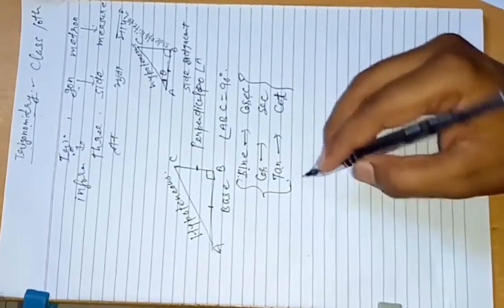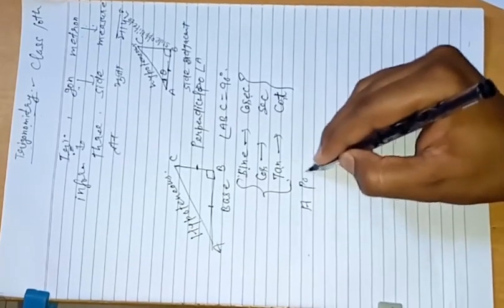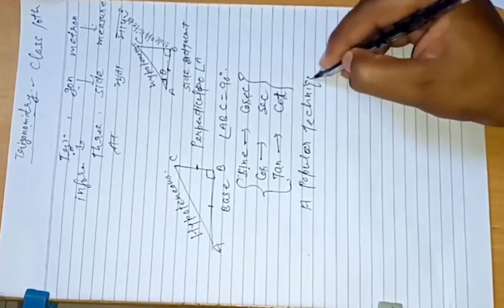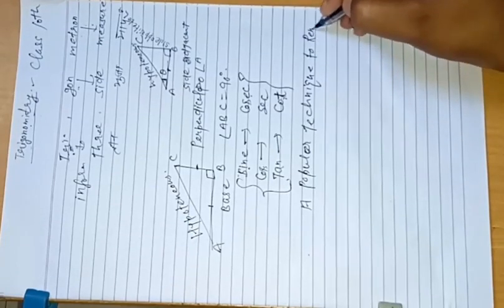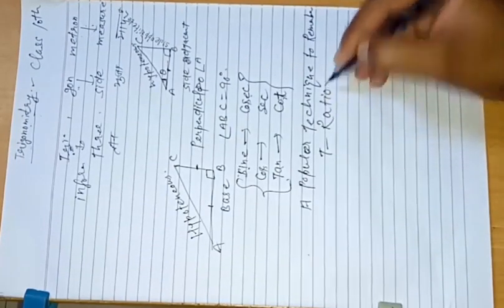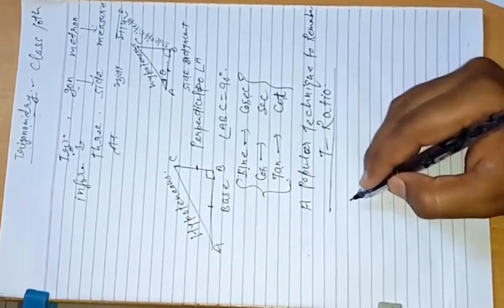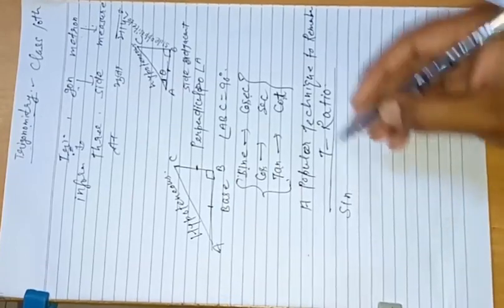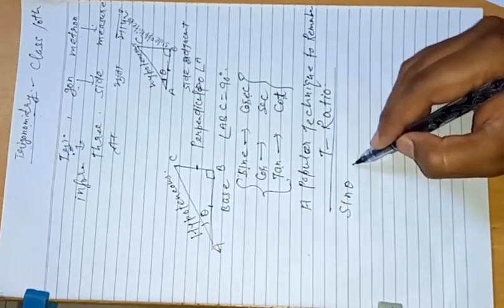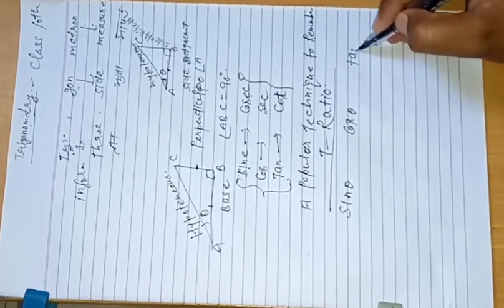Now take a popular technique to remember the T ratios. Sine, since angle A is equal to theta, so take sine theta, cos theta and tan theta.